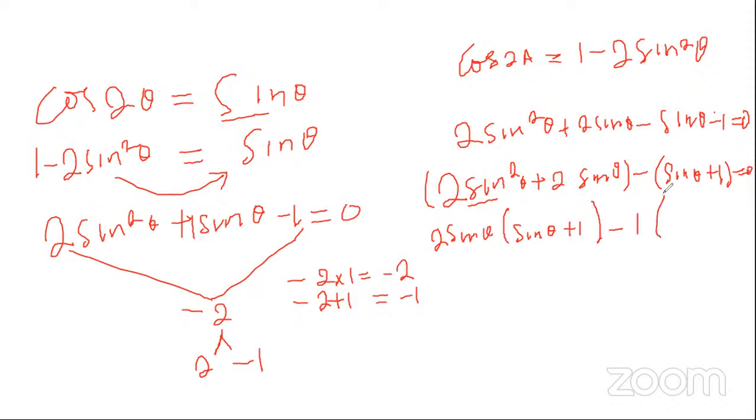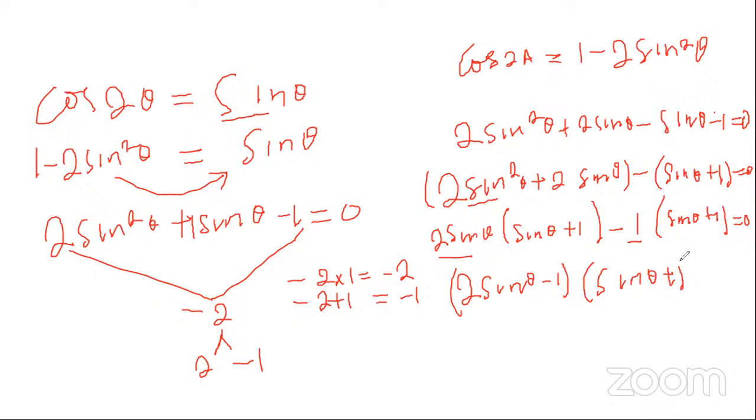Then minus 1 into sine theta plus 1. We set this to 0. Then we can write 2 sine theta minus 1, multiplied by sine theta plus 1, is equal to 0.